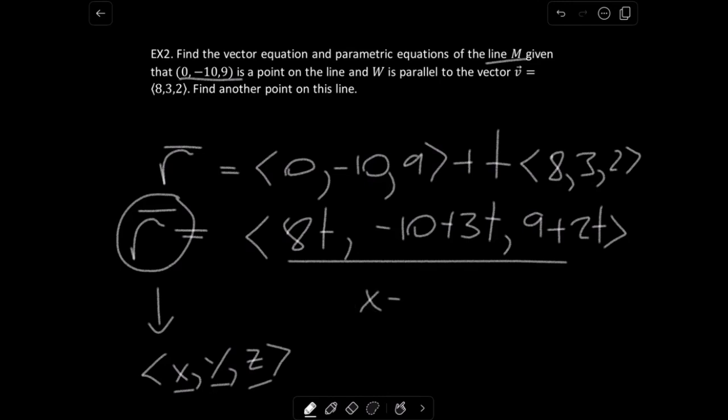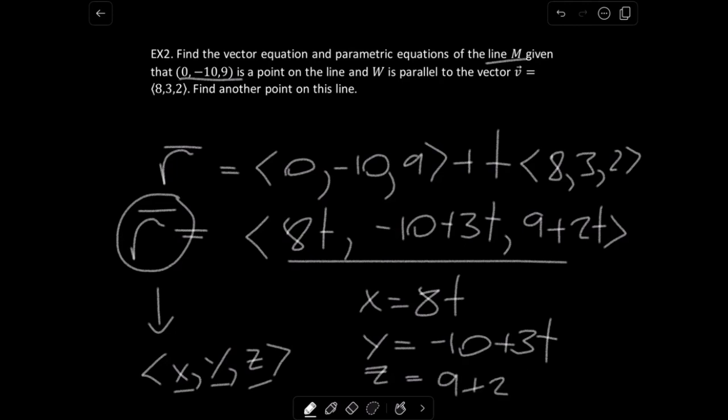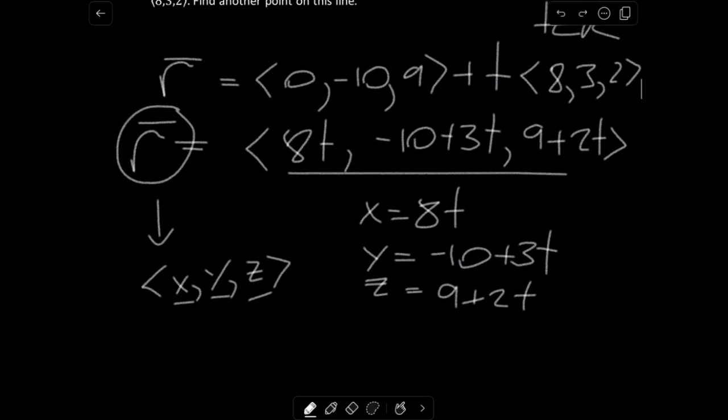So x is equal to 8t, y is equal to minus 10 plus 3t, and z is equal to 9 plus 2t, where t is an element of real numbers. I forgot to put that down. Here are your parametric equations.